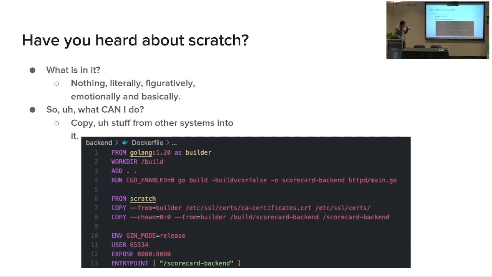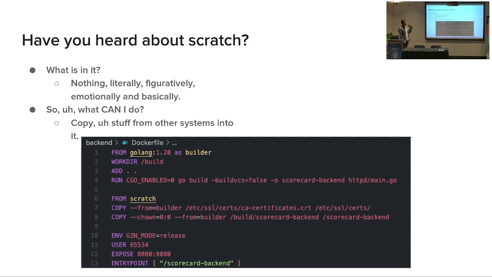So you can see it uses Golang version 1.20 as its building or base image to build from. And all it does is it sets up a working directory, and line 3 is just to add everything from my code repo into the Docker builder. And then I run go build, and I pass in a couple of flags, and I end up with a single binary.